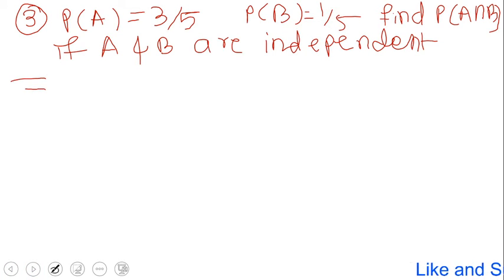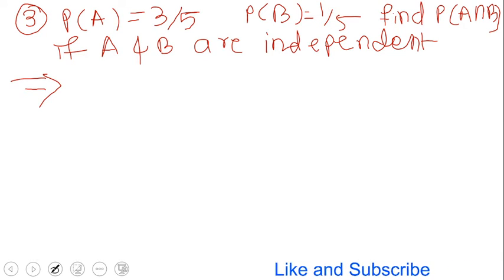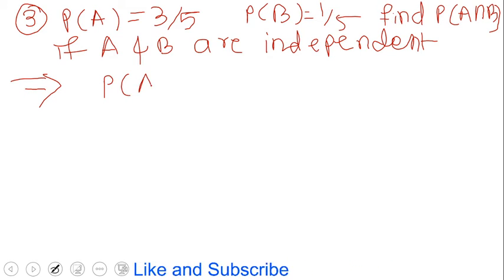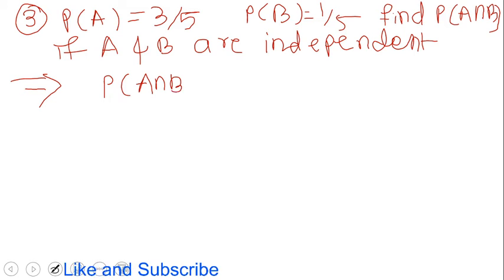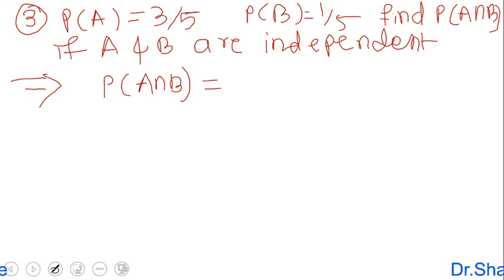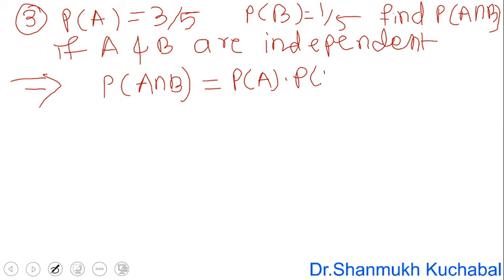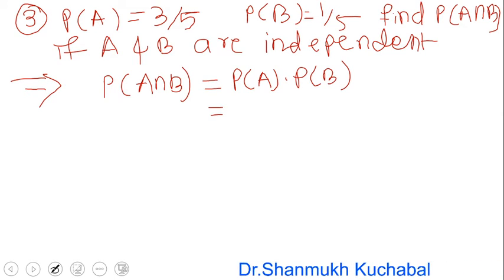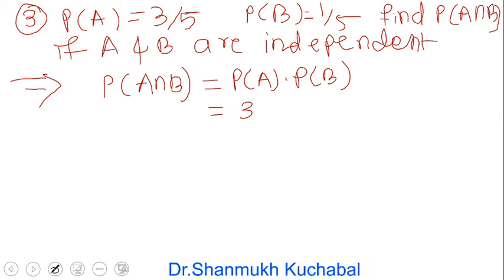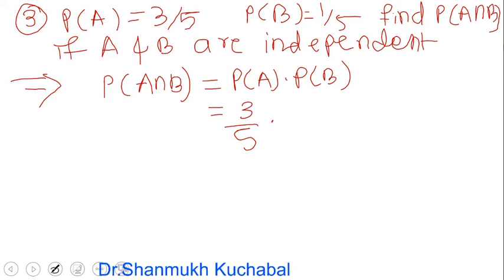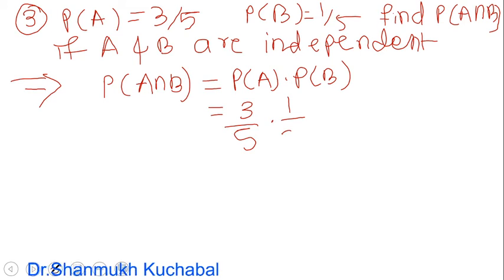Then first I write the related formula. If the two events A and B are independent, you know the formula. You have already studied it: A intersection B is taken as a multiplication. When A and B are independent events, it is probability of A into probability of B. So probability of A is 3 divided by 5 into probability of B is 1 divided by 5.